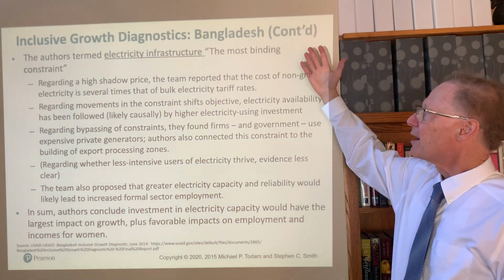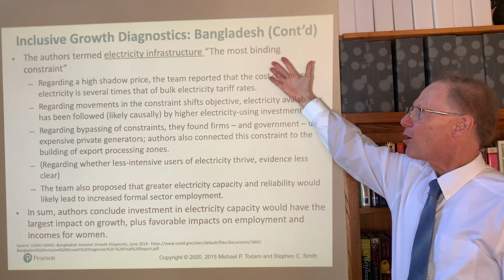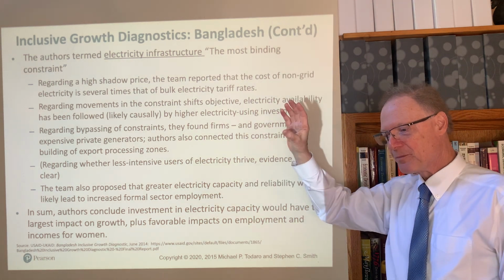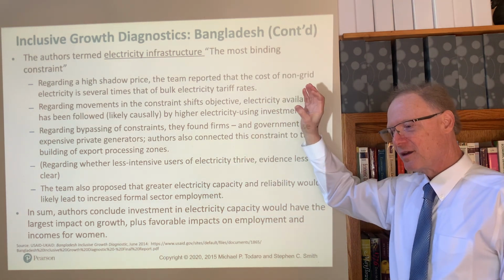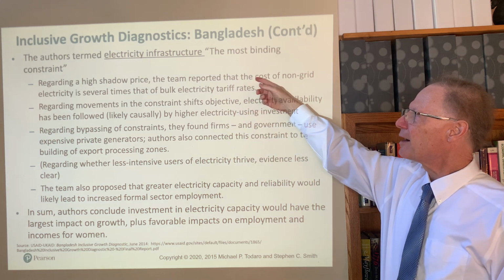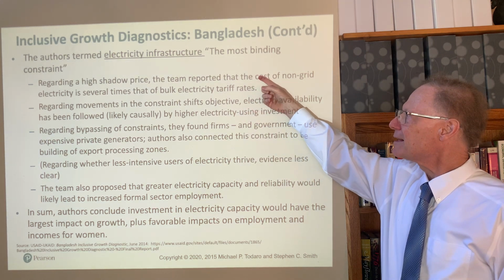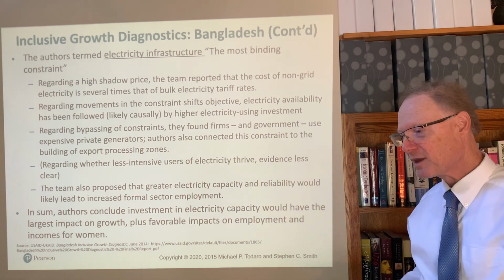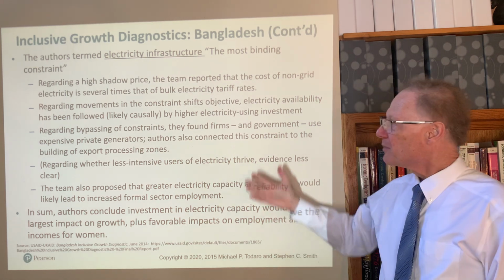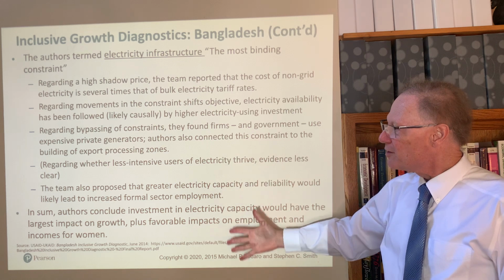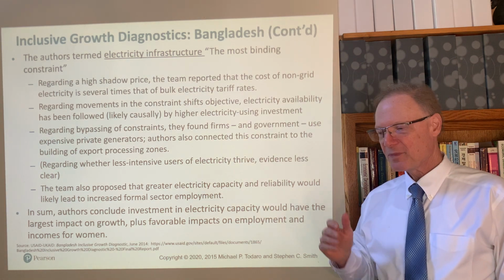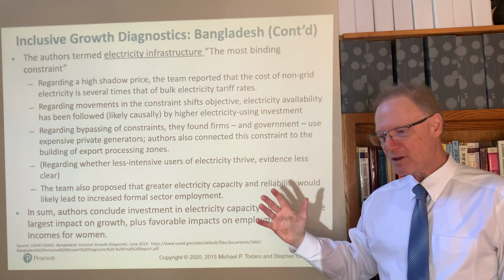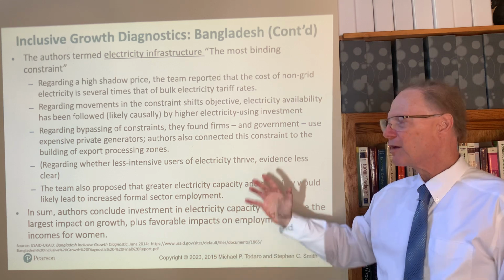Then, having done this work, the authors focused in on infrastructure and ultimately decided on what they saw, that electricity infrastructure was the most binding constraint. Maybe not what you would expect, but in terms of the differential diagnosis that we talked about, they found a lot of evidence highly consistent with this.